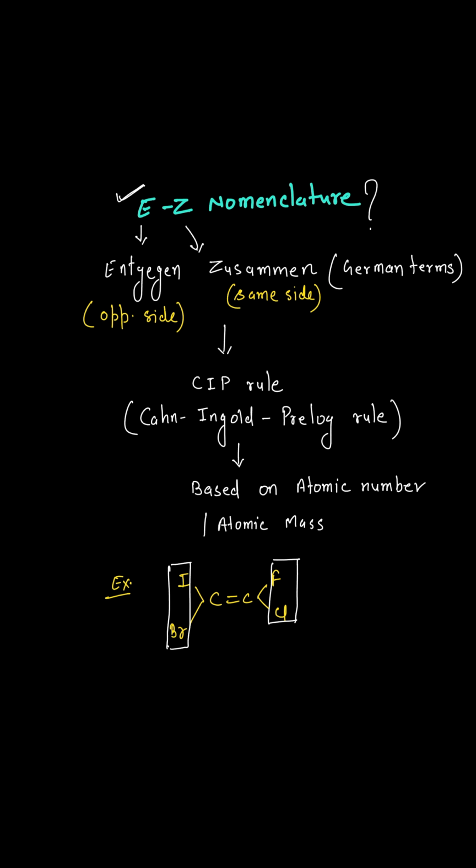Between fluorine and chlorine, chlorine has the higher atomic number, so first priority, and fluorine has the lower atomic number, so second priority. Among bromine and iodine, iodine has the higher atomic number, so first priority, and bromine has the second priority. Now you can observe that priority 1 is coming on the opposite side.